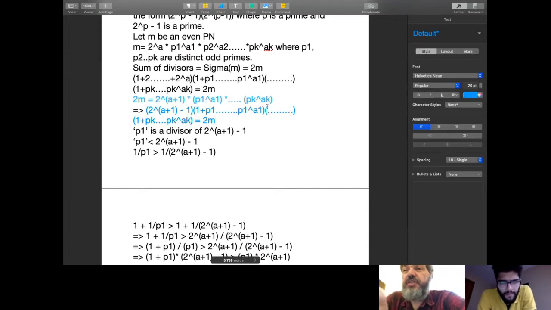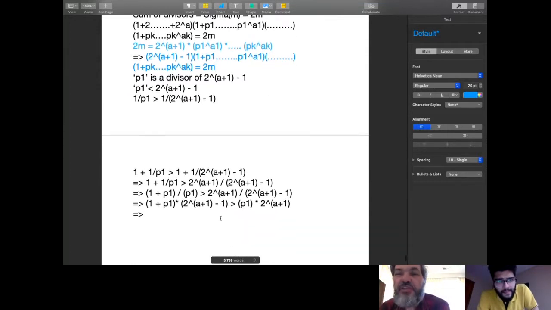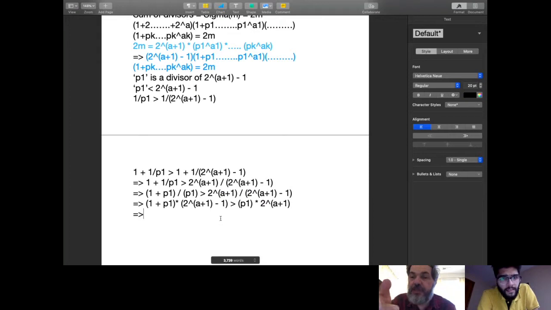The first two factors on the second row are 2 to the a plus 1 minus 1 times 1 plus p1 plus the powers of p1 up to p1 to the a1. How do I know that this product is larger than that? I look at what we wrote on the next page, and that's exactly what it is. You see what we wrote? We wrote that 2 to the a plus 1 minus 1 times 1 plus p1 is larger than p1 times 2 to the a plus 1.